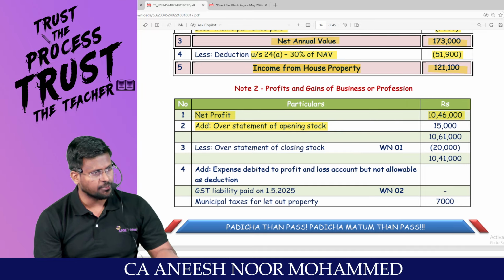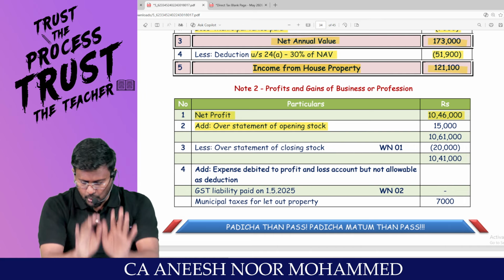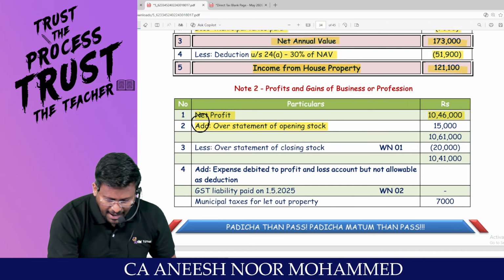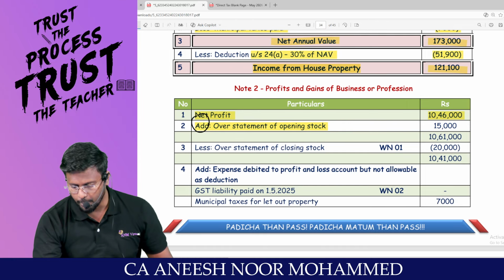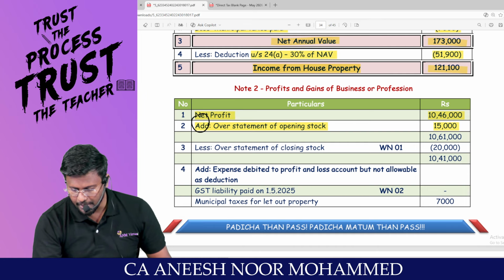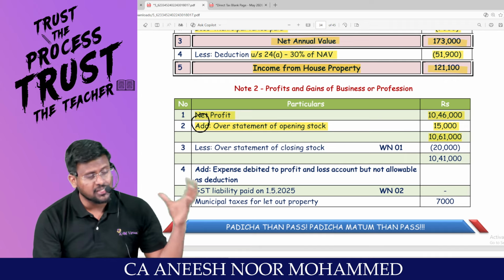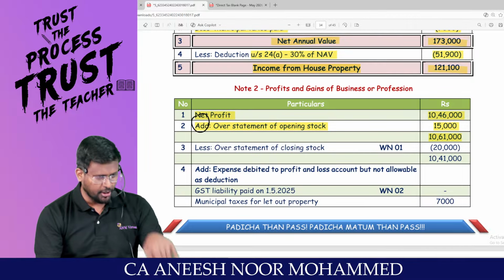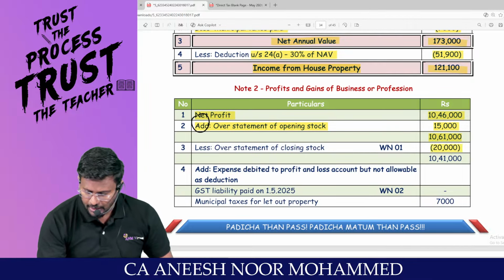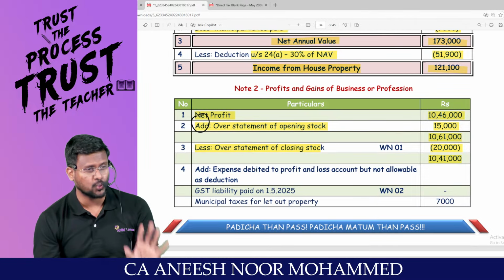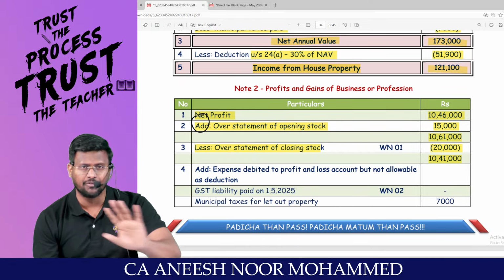Profit reduces because opening stock increases. That should not happen, so add back the overstatement of opening stock, 15,000. Am I right? Because of overstatement of closing stock, what will happen to profit? Profit reduces, so 20,000 should be reduced. So you will get 10,41,000 as the correct profit after stock adjustment.